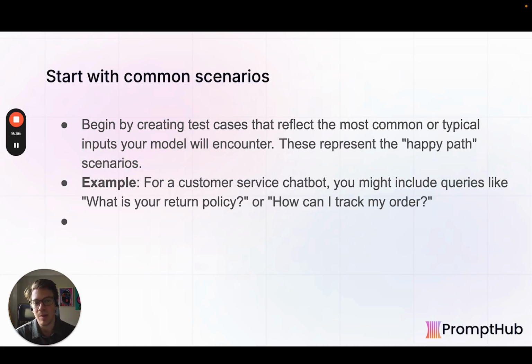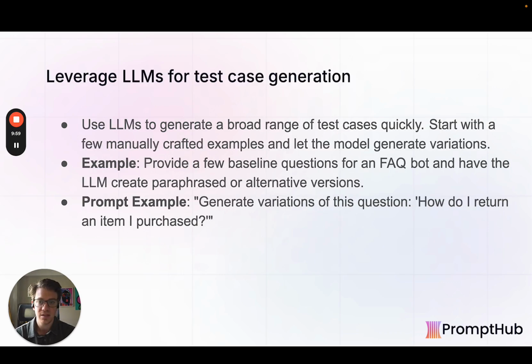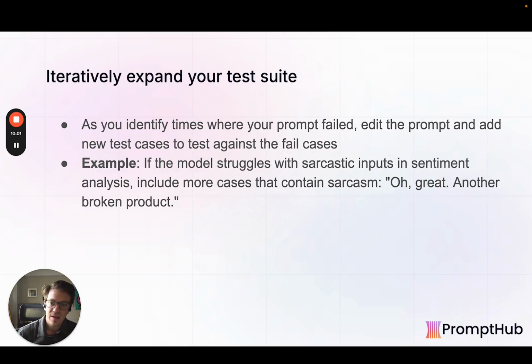So you start with the happy path scenarios, of course, and think about what typical usage looks like, and then think of ambiguous inputs, irrelevant, contradictory information. You really want to build these out, and you can leverage LLMs to do this, which I think is a really great use case: giving an LLM a few of your most basic inputs, maybe the happy path one, and telling it to build out these edge case test cases as well.